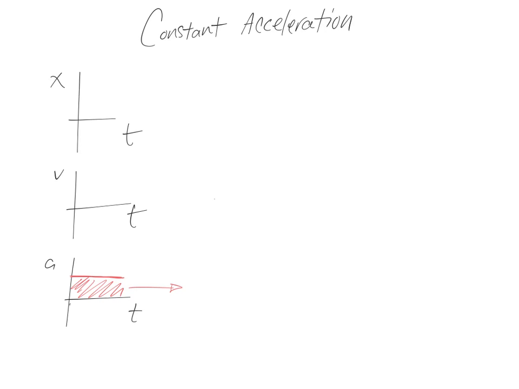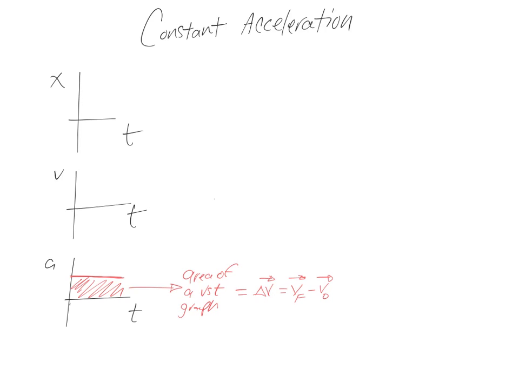So the area of our acceleration versus time graph is our change in velocity, right? And it doesn't have a special name like change in position does, but it's still valuable nonetheless. It's going to be like our final velocity minus our beginning velocity, or a velocity at a later time minus a velocity at the earlier time.